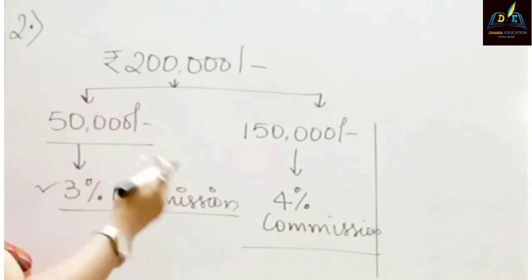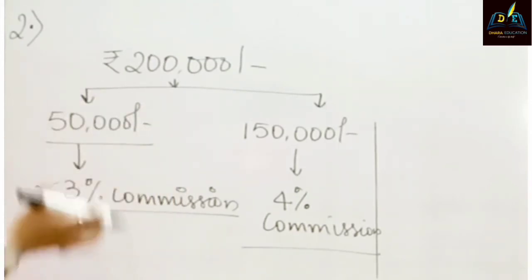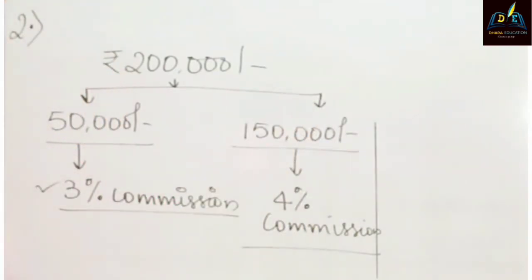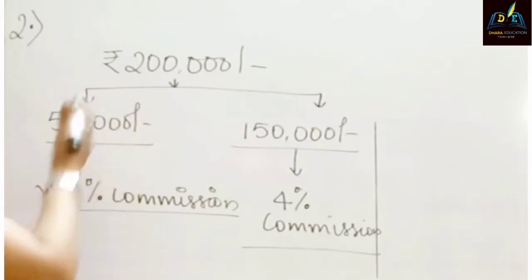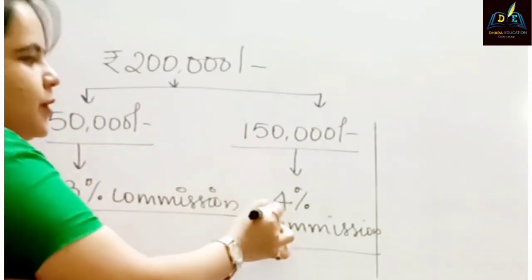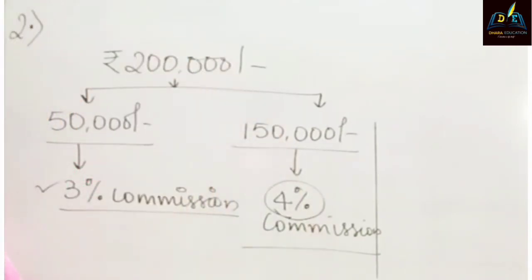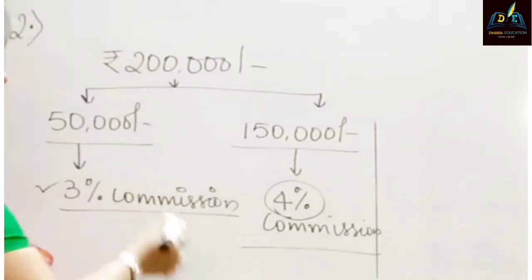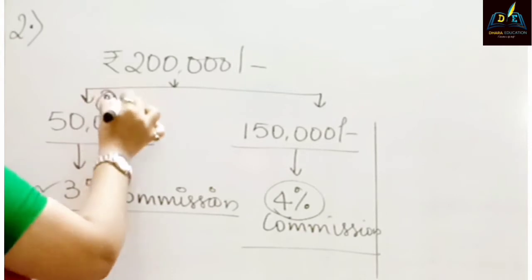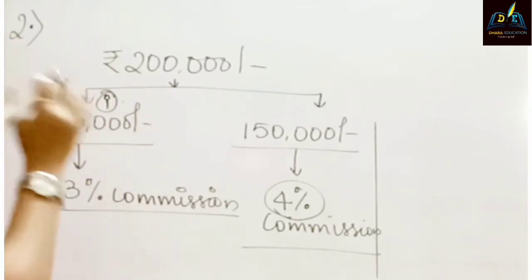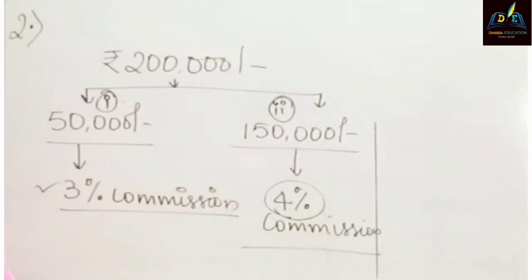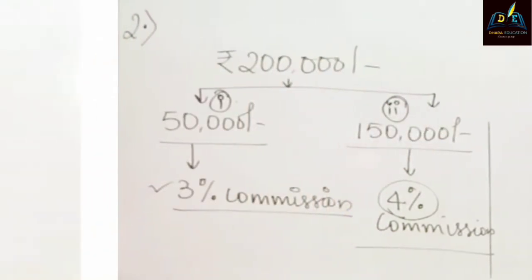But the rest he worked hard and made 1,50,000 sales ahead. So above 50,000 he gets a commission of 4%. Based on that 4% we need to calculate the second part. We have already done the first part of 3%, and now this is the second part of this particular sum.